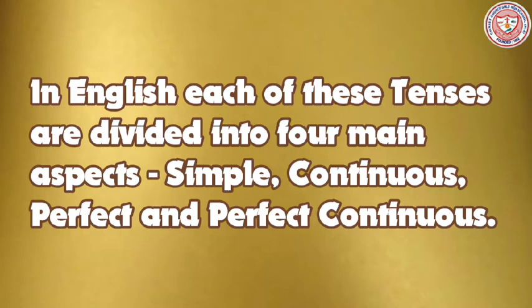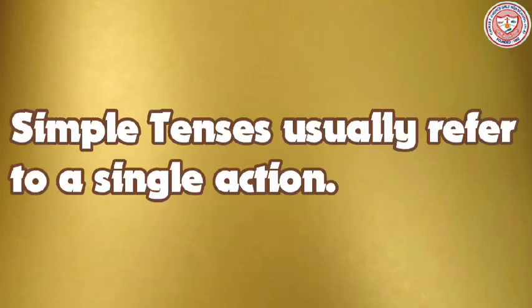In English, each of these tenses is divided into four main aspects: simple, continuous, perfect and perfect continuous. As you know, simple tenses usually refer to a single action.